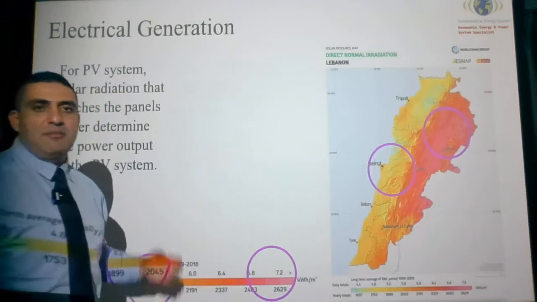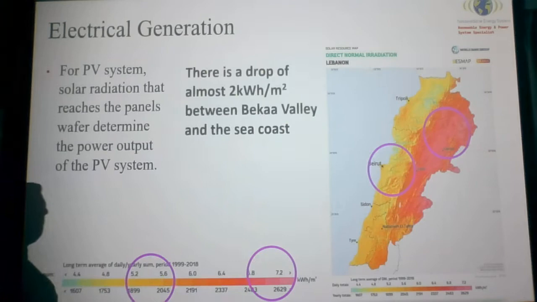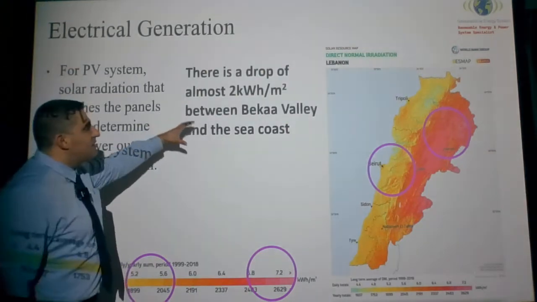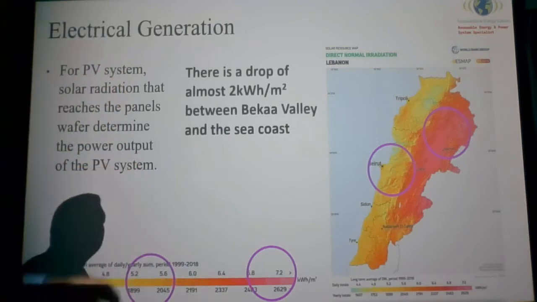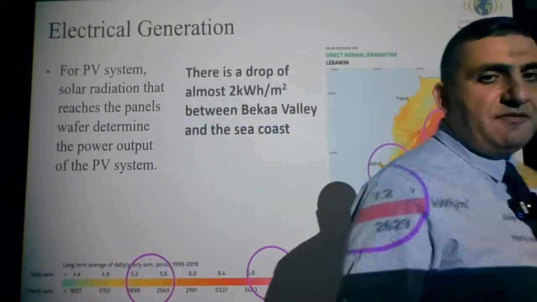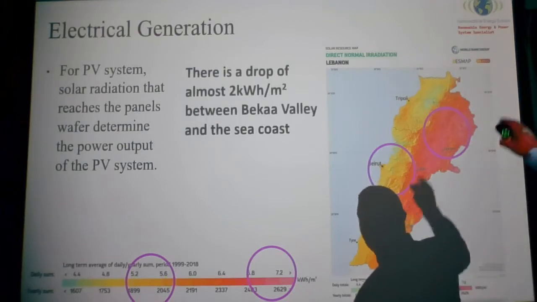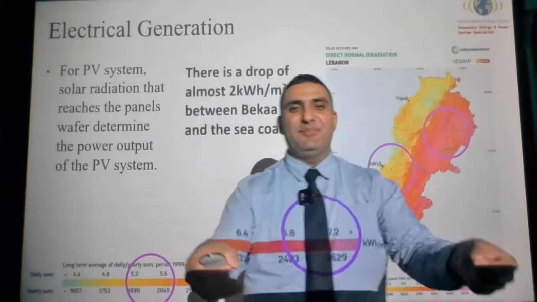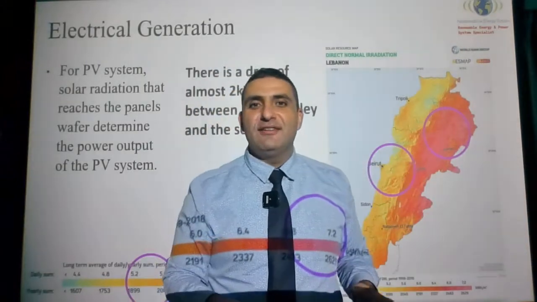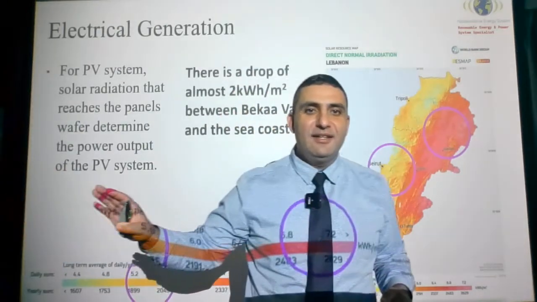Of course, they might give you similar output. However, we are talking in general. So as we discussed, there will be almost a 2 kilowatt hour per square meter drop between the two areas. It's very critical and very clear to us that if I install the same system in these two different areas, they will not give us the same electric output energy throughout the year.